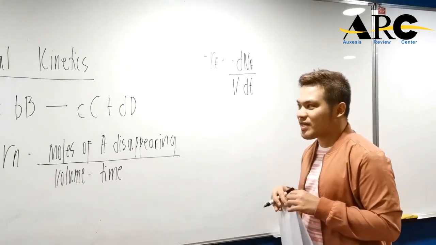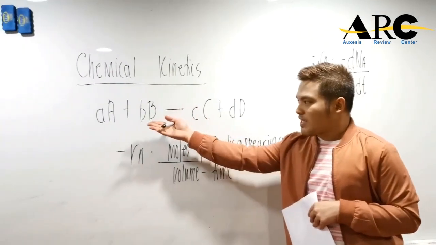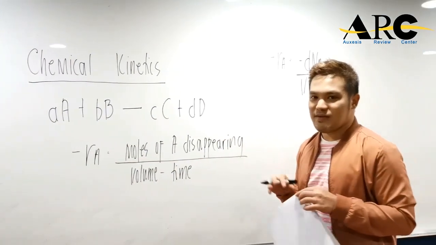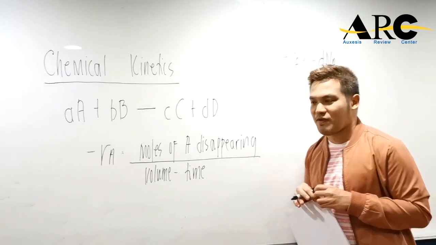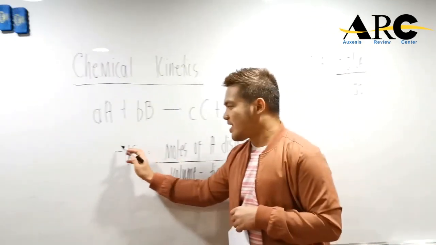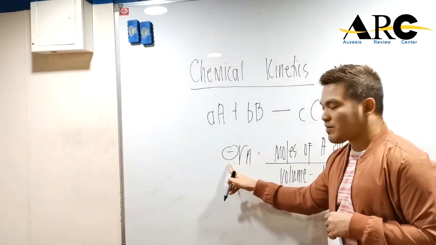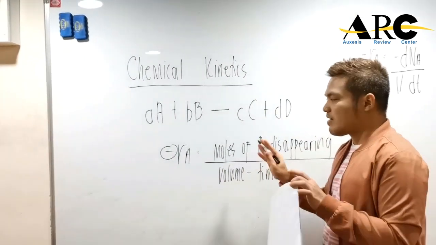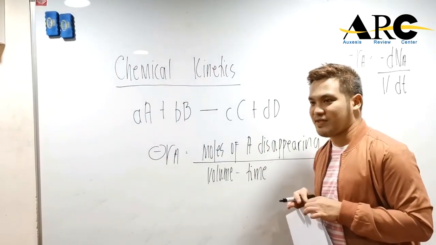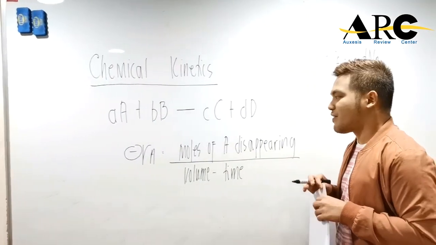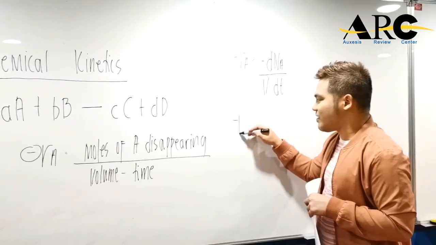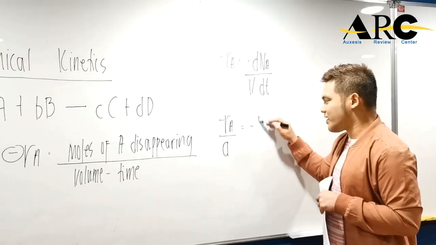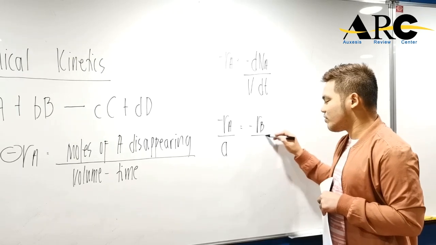Paano natin ma-relate yung rate ni A kay B, kay C, at D? Pwede natin yan ma-relate using stoichiometric coefficients. Kapag sinabi kasi natin negative, ibig sabihin, rate of disappearance. Kapag positive yan, ibig sabihin, rate of formation. For example, negative RA over a is equal to negative RB over b.